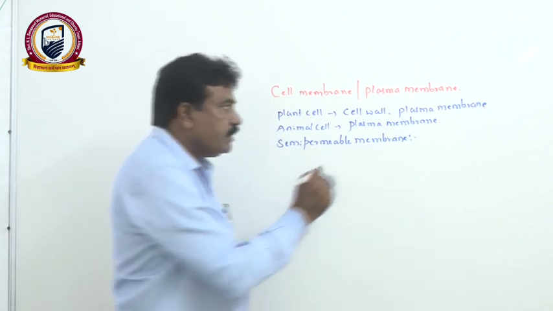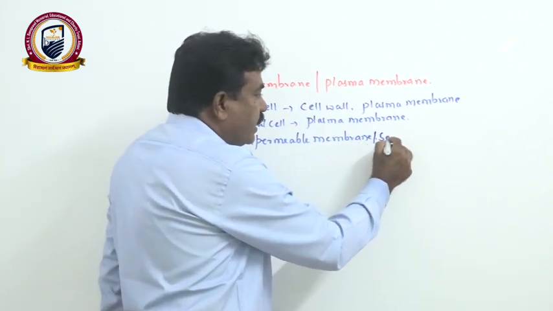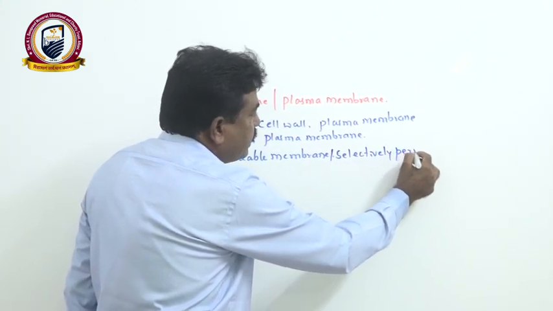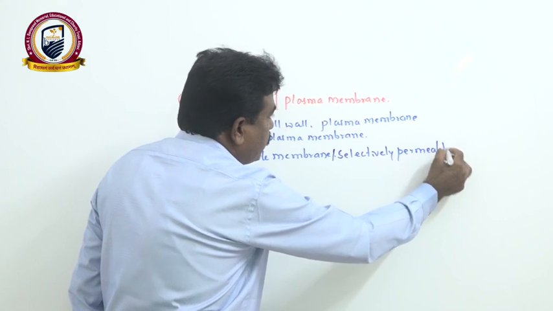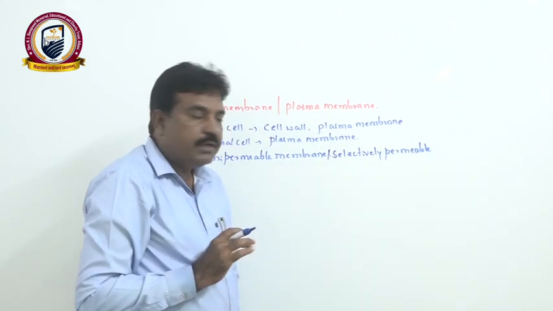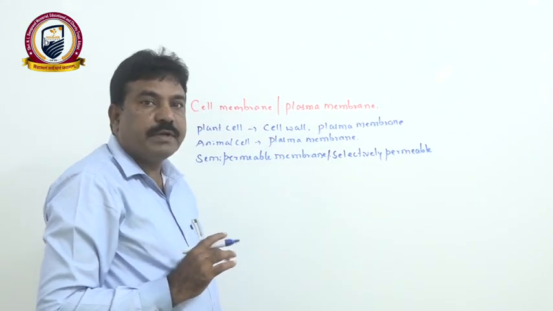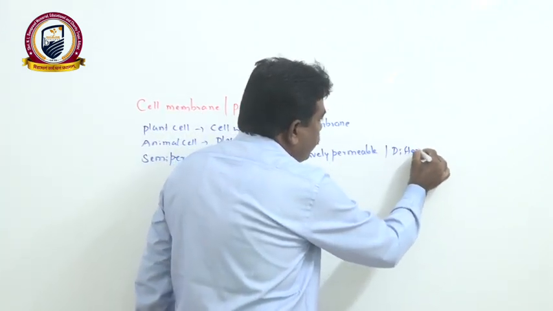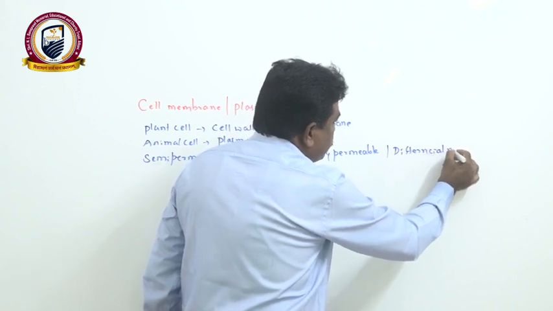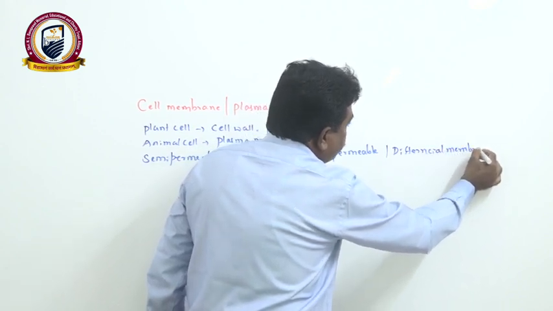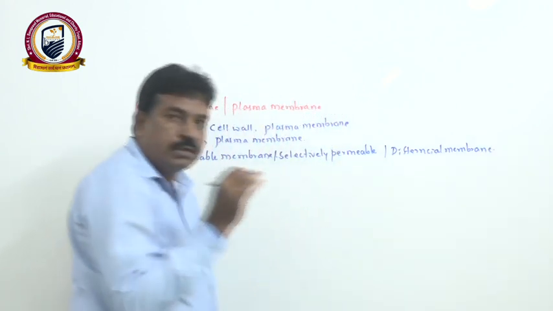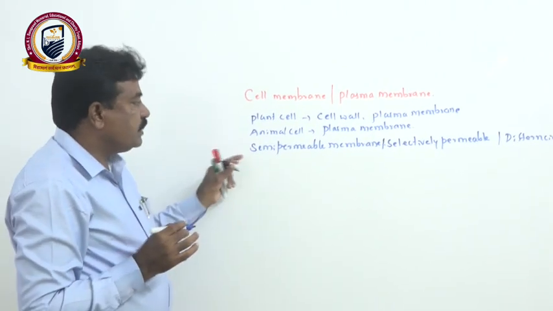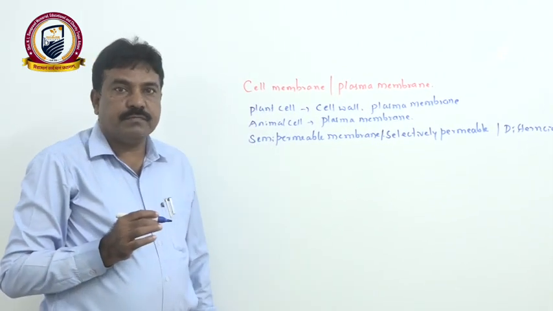We also call it a selectively permeable membrane. That means it is able to select especially smaller molecules, hence we call it selectively permeable. Or in other words, we also name it a differential membrane. That means it can differentiate smaller and larger molecules. For that reason only small molecules are allowed, hence it is called a differential membrane.